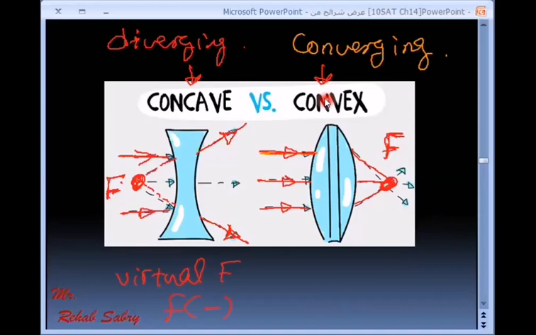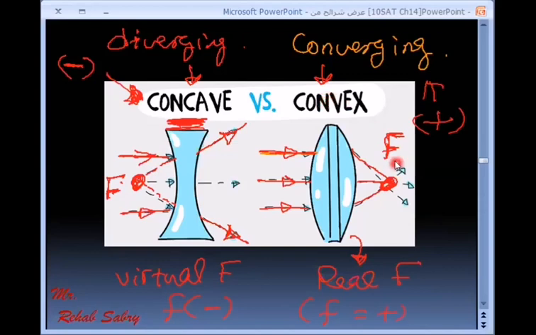So sometimes, by the way, the concave lens or diverging lens is called a negative lens because the focal distance is negative. And the convex lens has a real focus, so its focal distance is positive, and it's called a positive lens.